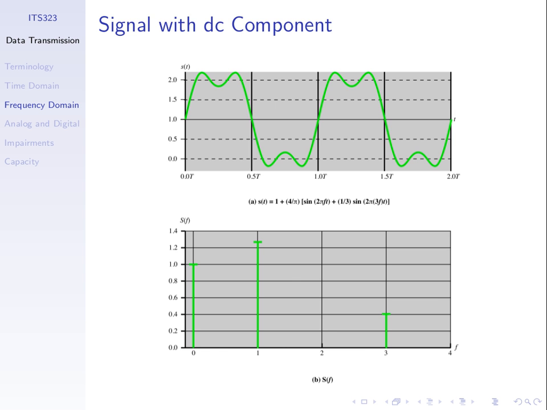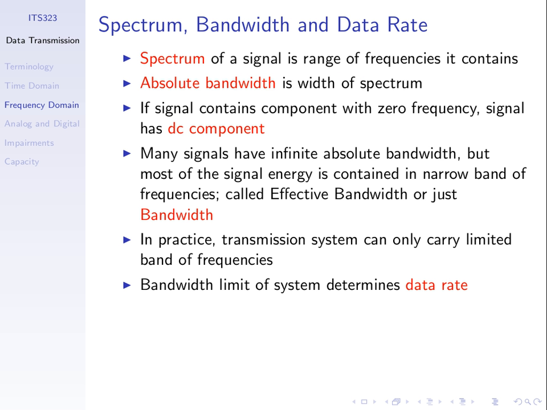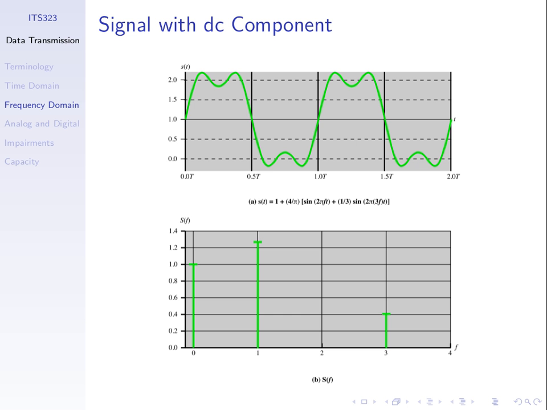Okay, another definition: if a signal has a component at zero frequency, it has a DC component. Here's an example. Same signal, we see the equation, it's 1 plus what we had before. We plot it, and we see the average over time is at 1.